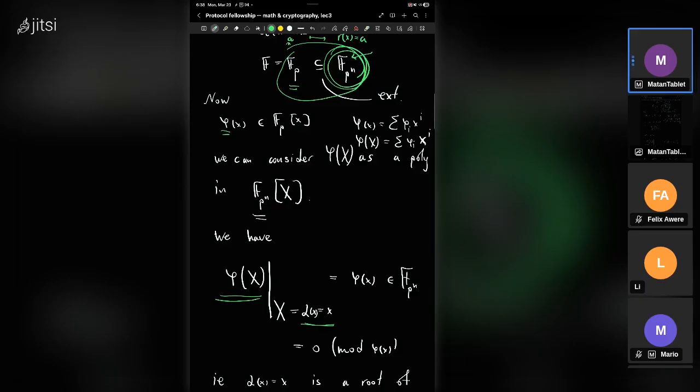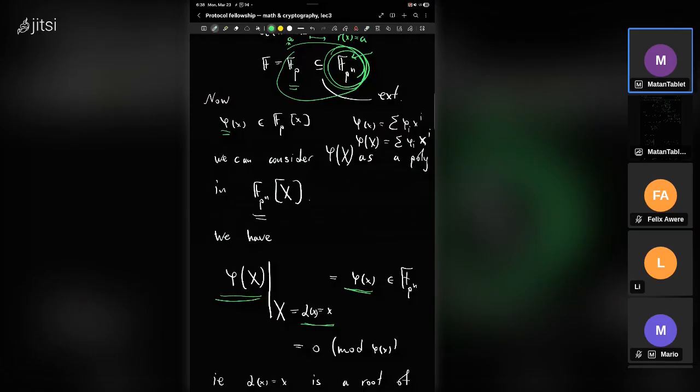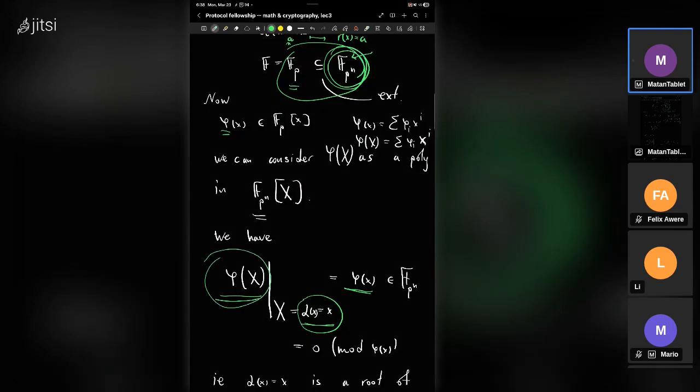Because alpha is simply small x, what happens is that I get phi of small x. But phi of small x is equal to 0 in Fp to the n, because I do modulo phi. So I have found an element alpha equals x that is a root of this polynomial phi(X).